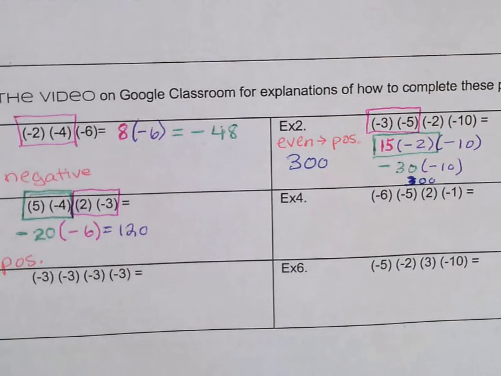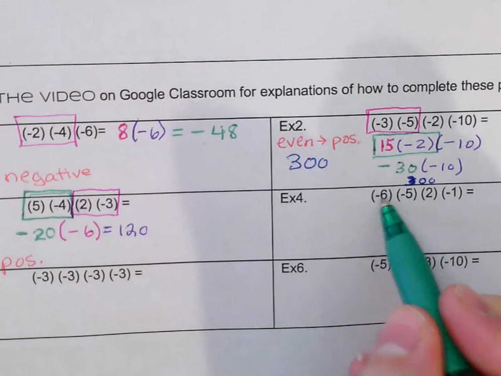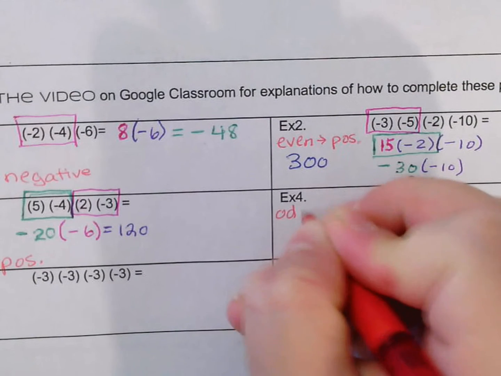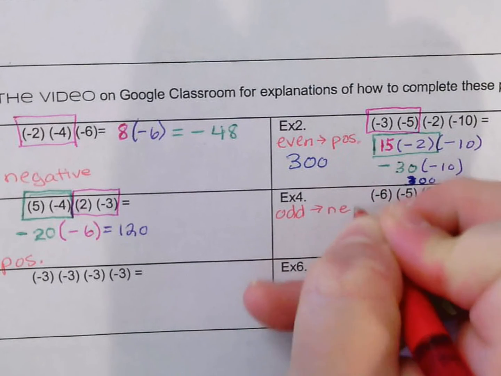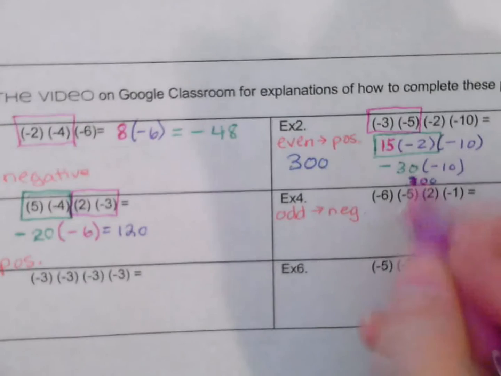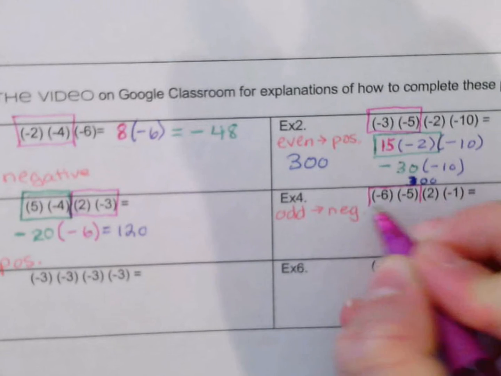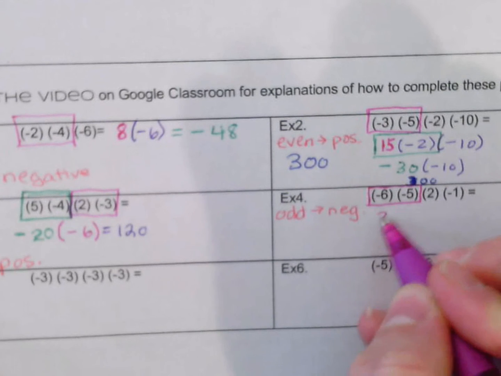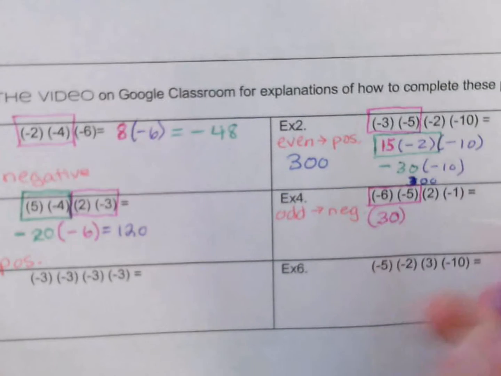All right. For number 4, I've got 1, 2, 3. That's an odd number of negative signs. I'm going to expect that my answer is negative, but I'm still going to go through and make sure I check correctly. So, -6 times -5, that's going to be a positive 30 because those have the same signs.